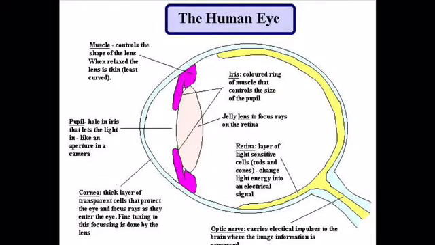The retina contains two types of cells, rods and cones. Cone cells are sensitive to bright light, whereas rod cells are sensitive to dim light.